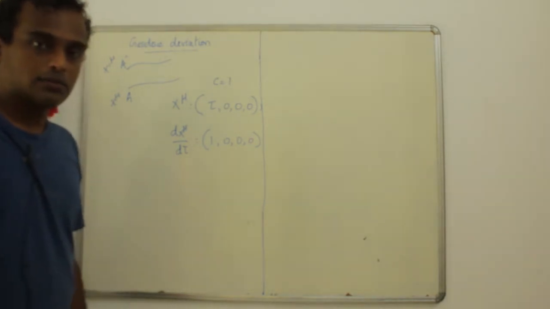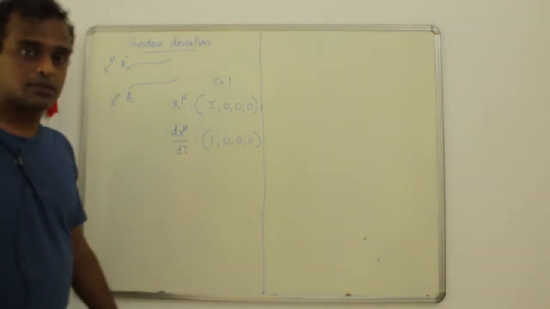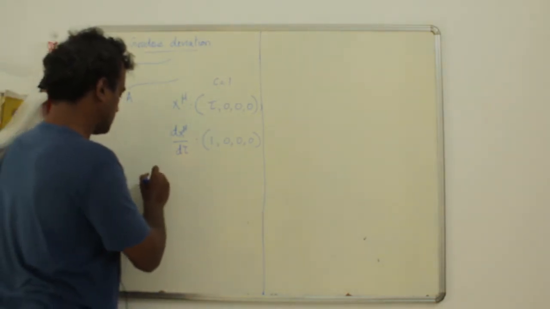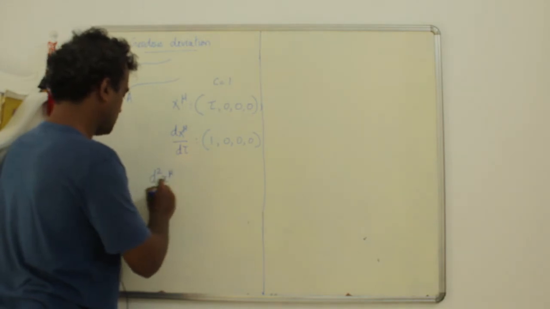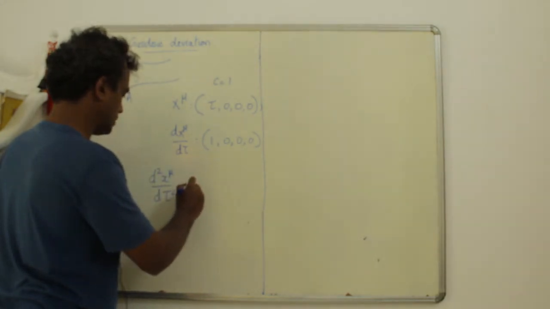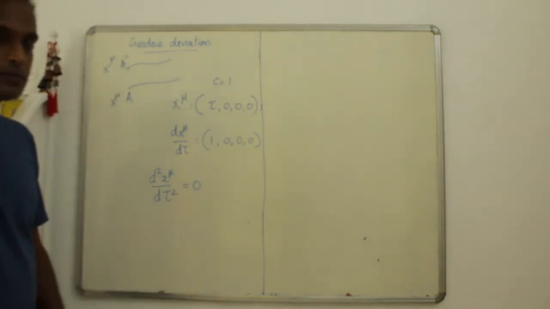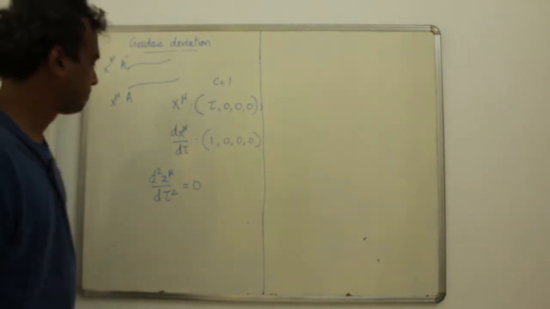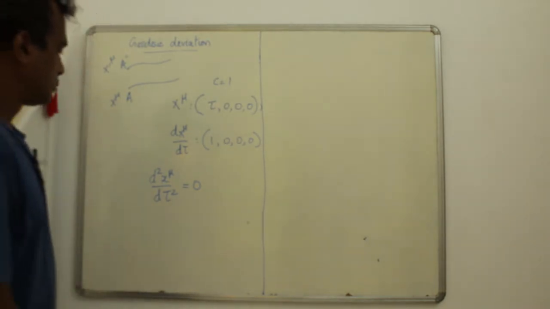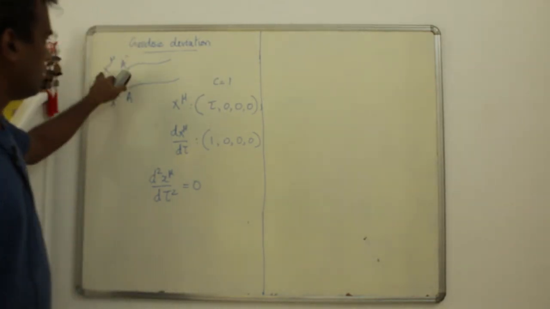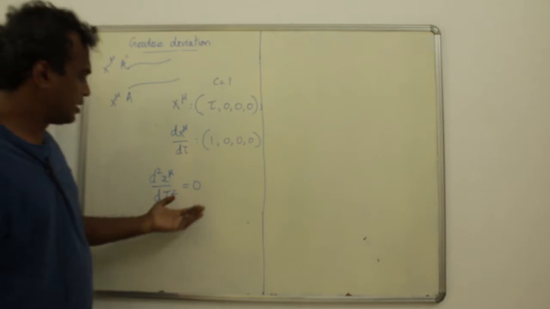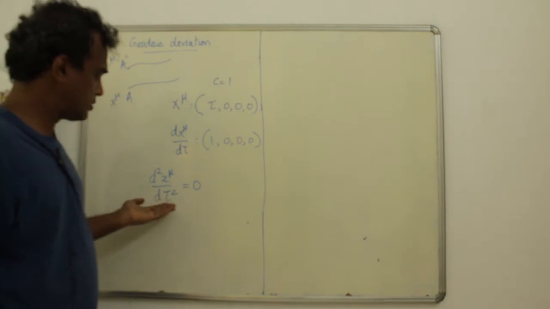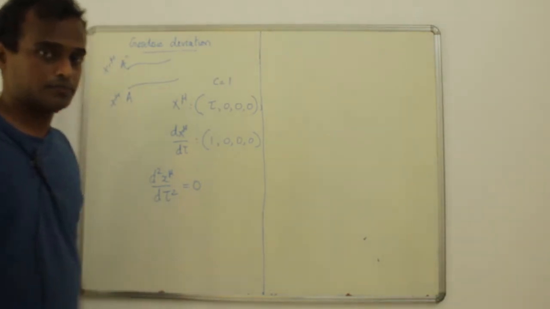We could now proceed to write down the geodesic equation for each of these particles. For the particle at A in this chosen coordinate, the geodesic equation is d square x mu by d tau square equal to 0. Remember that this is the geodesic equation for the particle at A because it is written in the freely falling coordinate system.